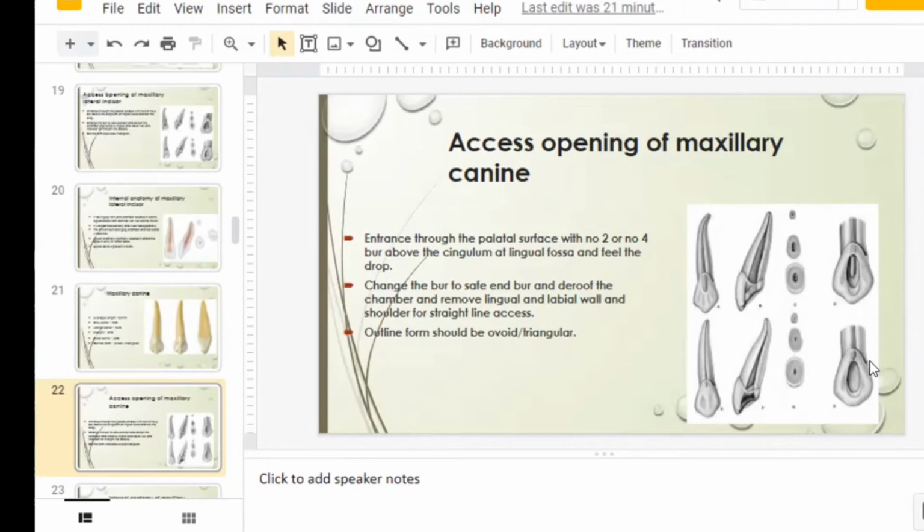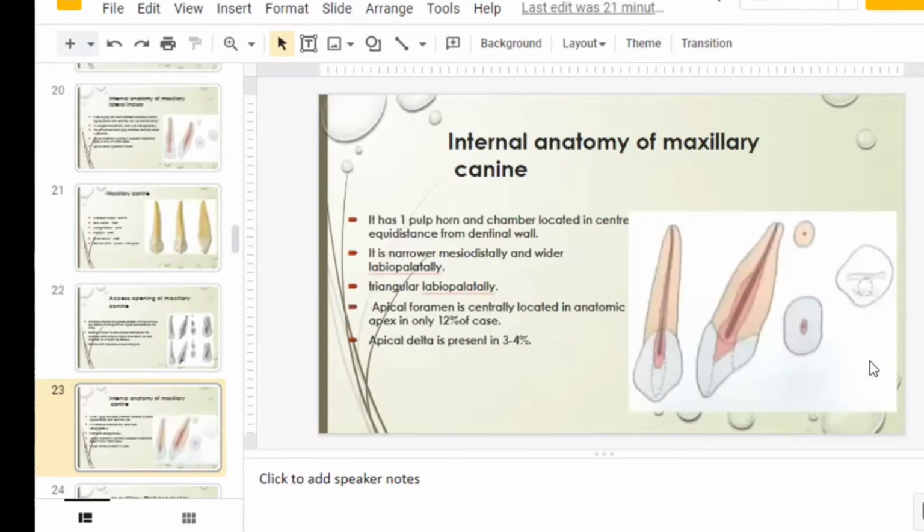Then with the DG16 probe, we check the orifice. This is access opening. So the maxillary canine always has one canal, but in a very rare situation you have an extra canal. If it is there, it is present at the cingulum level.